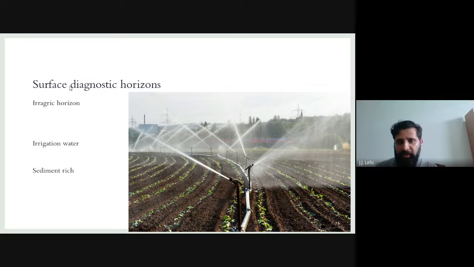So don't think that soils follow a specific line of evolution. It's not a good way to understand how soils can change through time, okay?